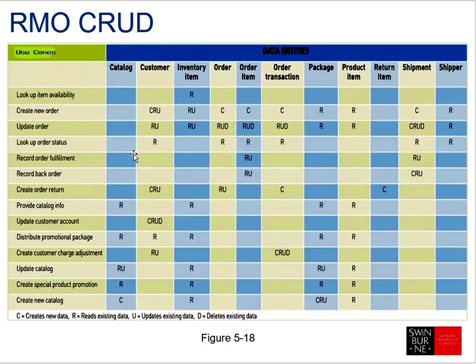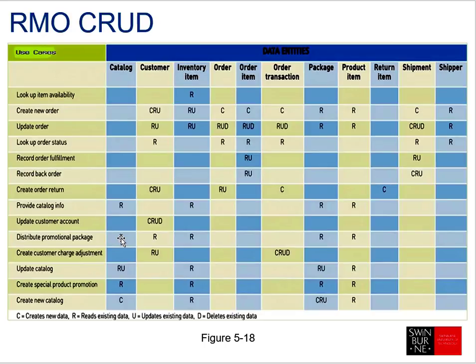Constructing this table shows all the data entities and all the use cases, and helps you find out what are the missing use cases that we need to include, because each column shows you the entity and the associated use case.